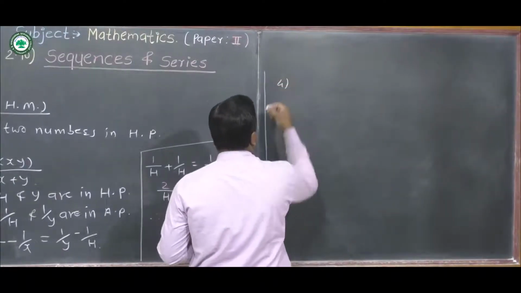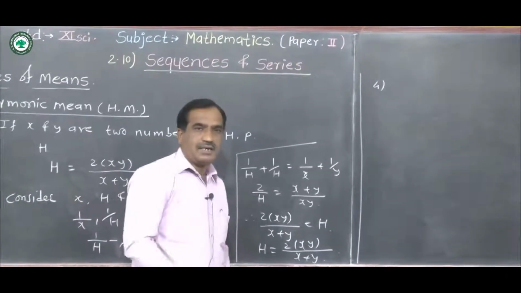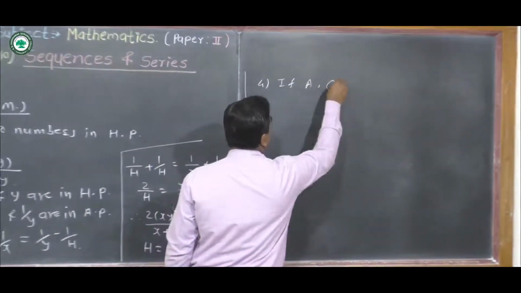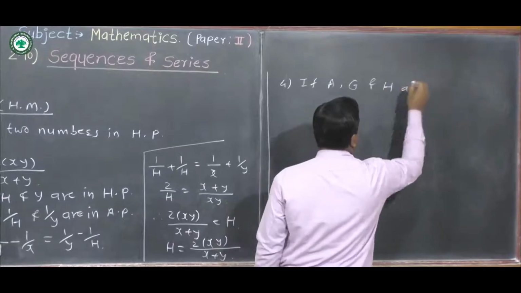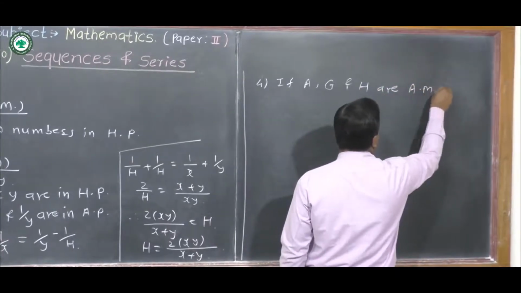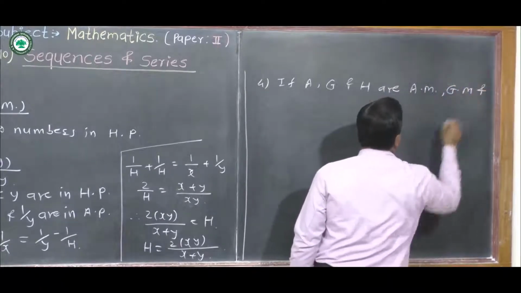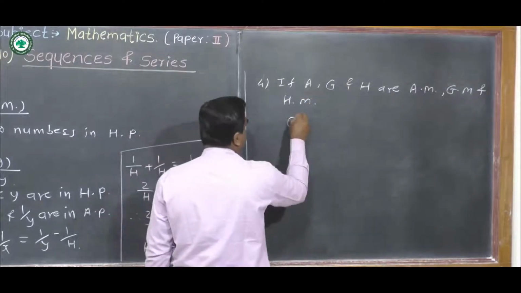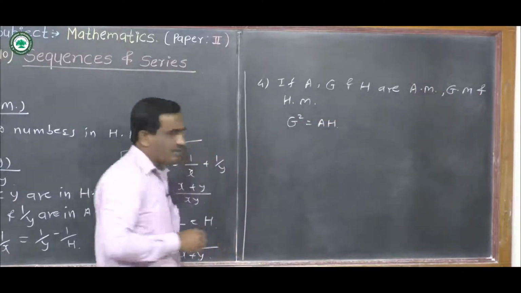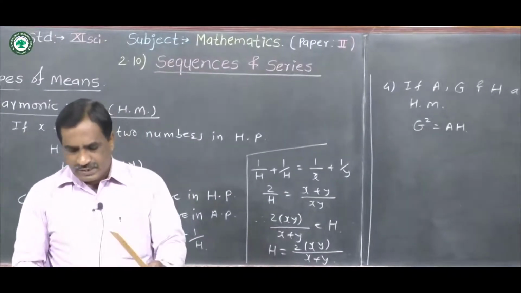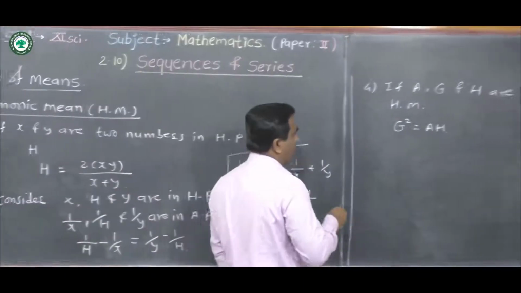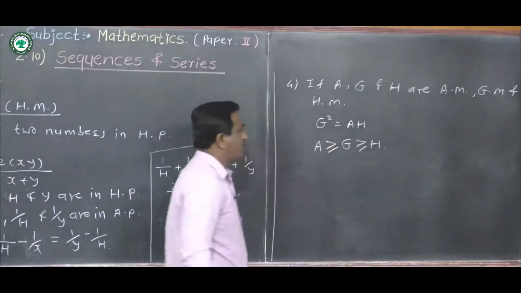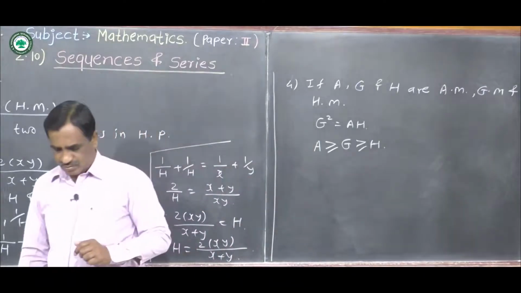If A, G and H are the arithmetic mean, geometric mean and harmonic mean, that is AM, GM and HM, then we get G square equal to A into H. This is the first result, and the second result is A is greater than or equal to G is greater than or equal to H. We have to use these two results also for solving examples.